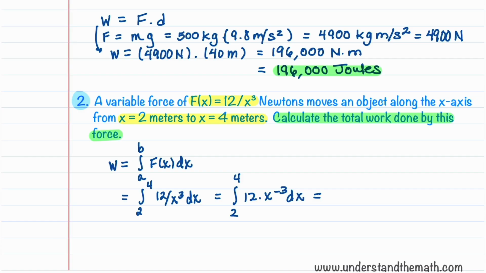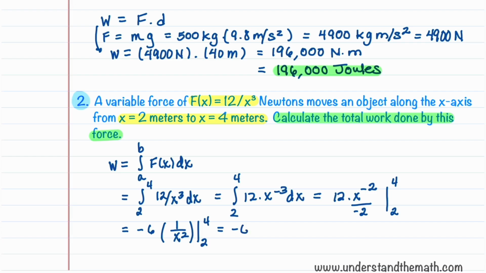The integral is equal to 12 times x to the minus 2. We're just adding 1 to our exponent, and then we divide by minus 2. And we're going to evaluate this from x is 2 to x is 4. Let's rewrite this first. 12 divided by negative 2 is minus 6. And then we have 1 over x squared, and x goes from 2 to 4.